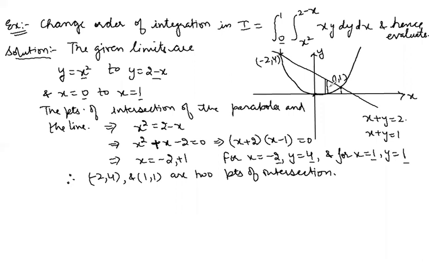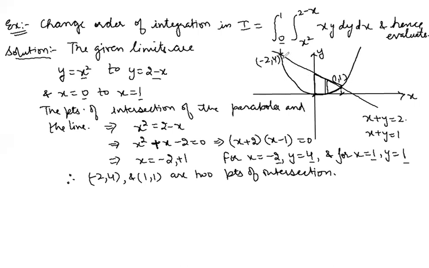I was checking some tool to fill the color, like paintbrush. So this is our region: this line here and this curved part of the parabola. This is our required region because x is varying from 0 to 1.